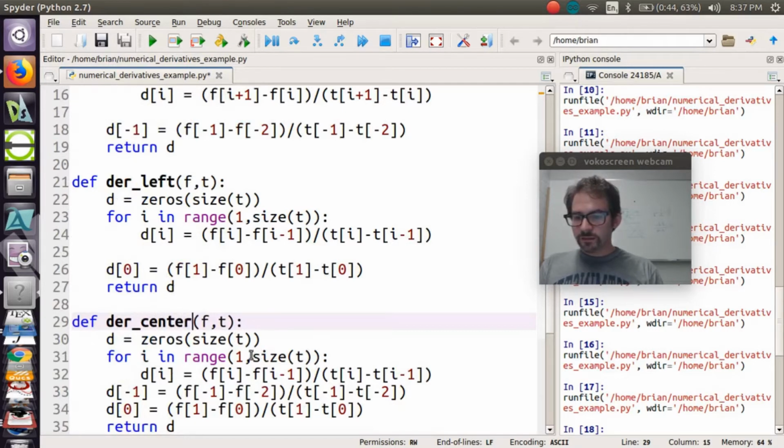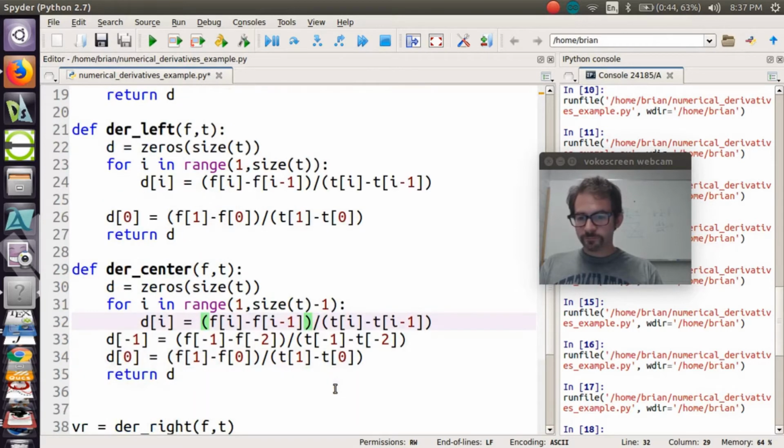And that's going to make the same. We need to compromise on both ends of the interval. So I'm going from the first value, which is actually the second value, because remember we start counting from 0, up to the next to last value. We're going to have f of I plus 1 minus f of I minus 1, and t of I plus 1 minus t of I minus 1, except for on the two endpoints where we have to compromise and use these single-sided estimates of the slope.